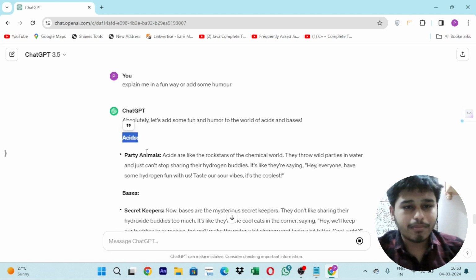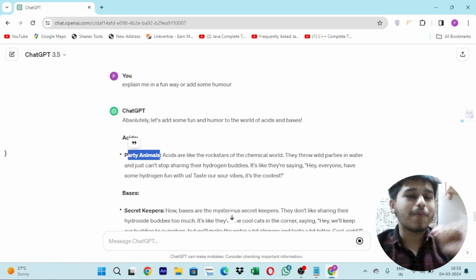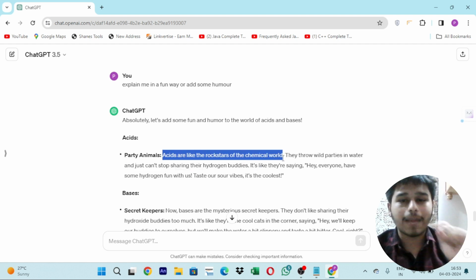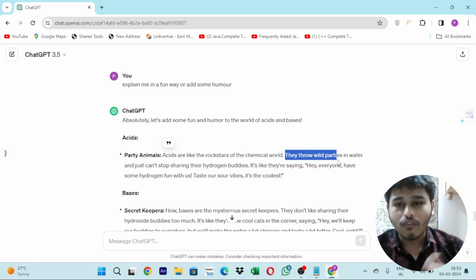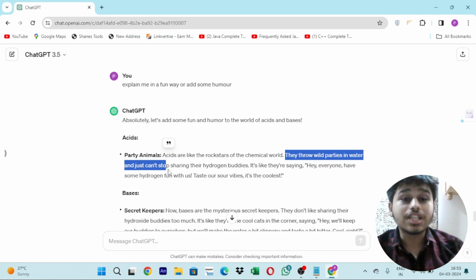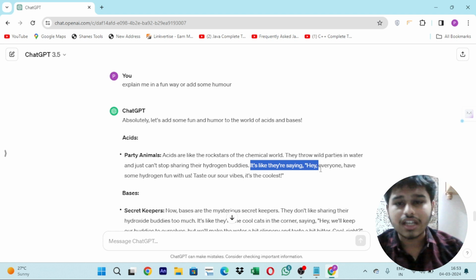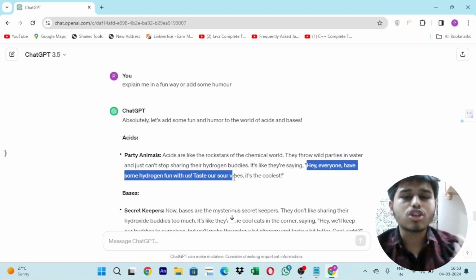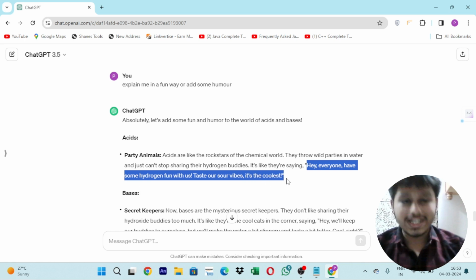Acids, right? Party animals, man. See, party animals. Acids are like the rock stars of the chemical world. They throw wild parties in water and just can't stop sharing their hydrogen buddies. It's like they are saying, hey everyone, have some hydrogen fun with us. Taste our sour vibes. It's the coolest, right?